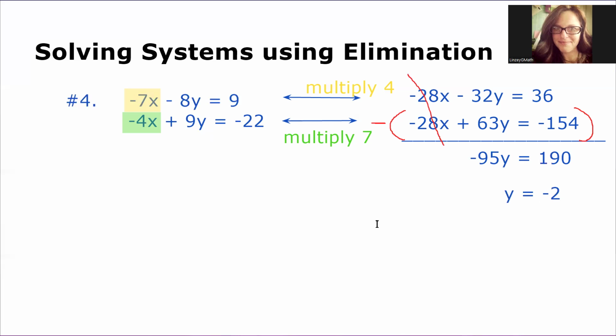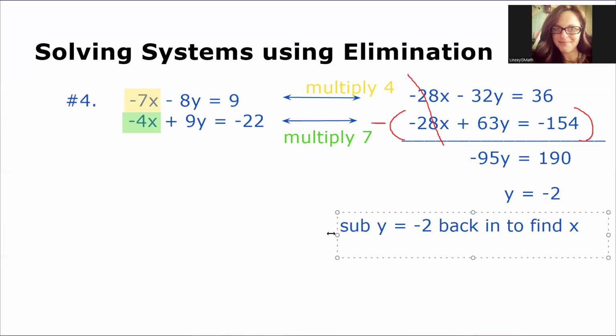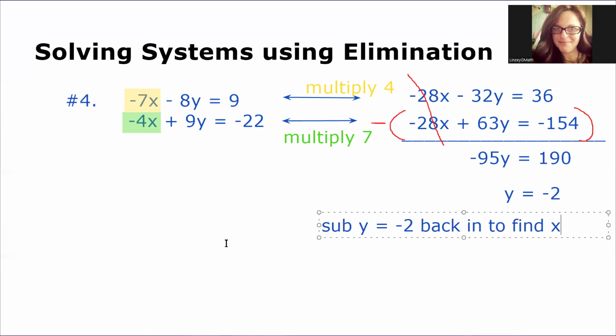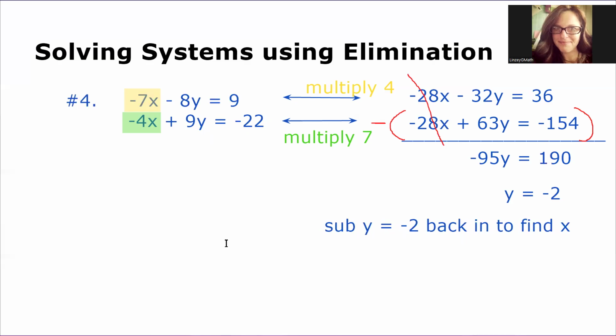Now we need to substitute y equals negative 2 back in to find the x coordinate of our point of intersection. I'm going to use the second equation. It might be a little easier. You can always use the top equation to substitute back in.